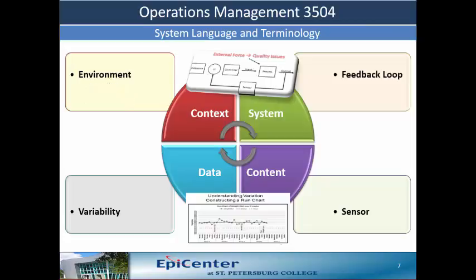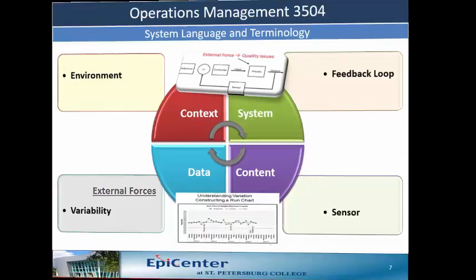The system is the feedback control loop structure, and its purpose is to stabilize the output. The component can be the sensor, such as a statistical process control chart. The data, the input and output of the system, are the variables. Finally, it is important to note that a system is subject to external forces and therefore is subject to variability.